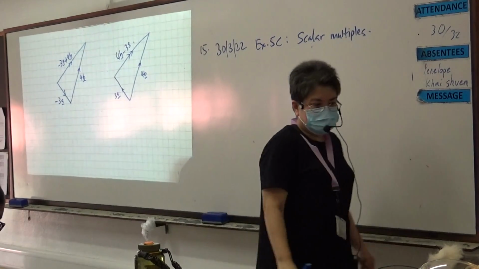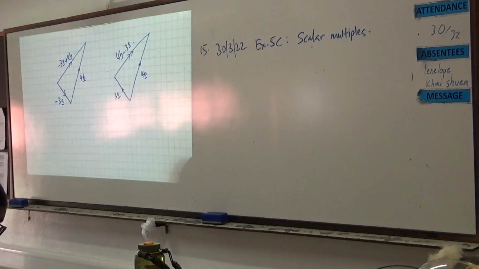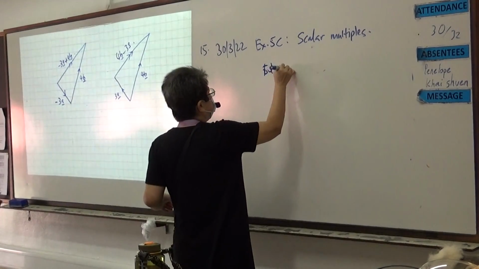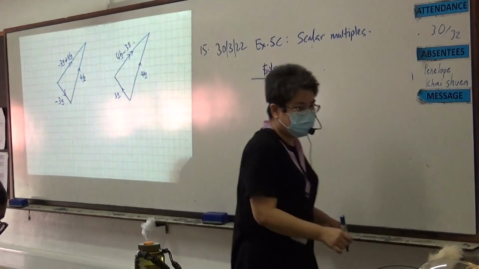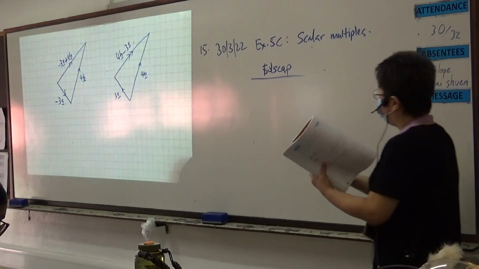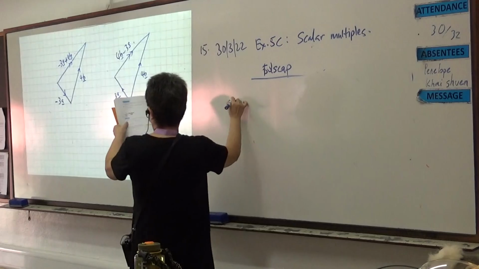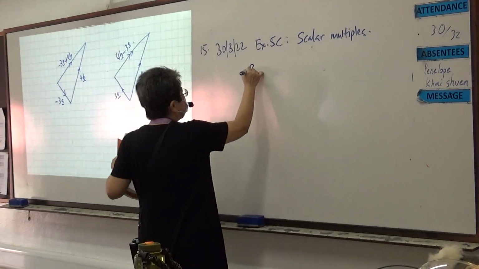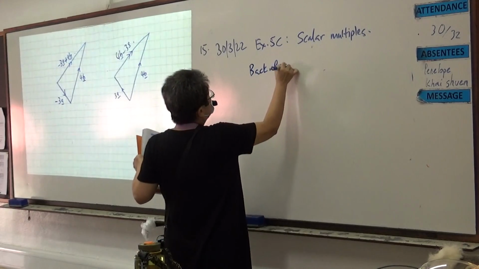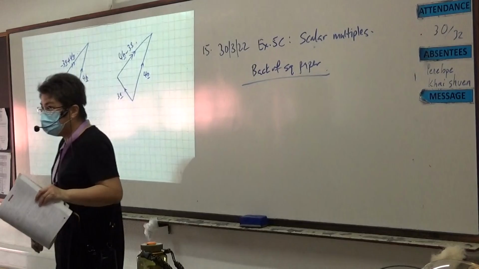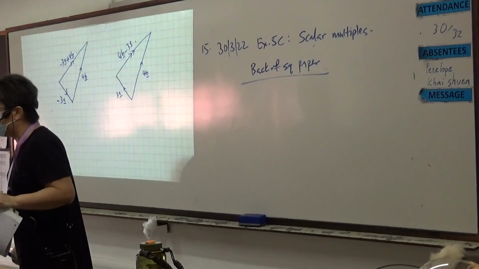Just write scalar multiples. Not foolscap, fine. Back of square paper. Now, if back of square paper not enough, then of course must staple foolscap.